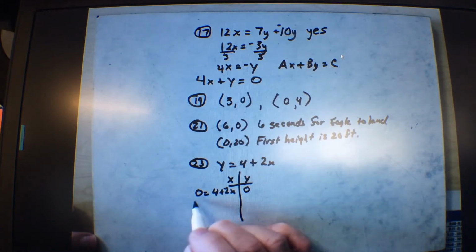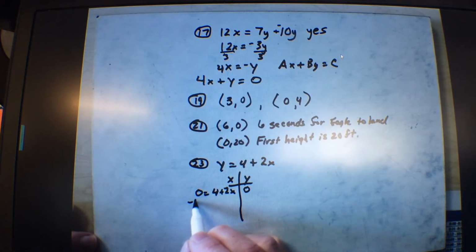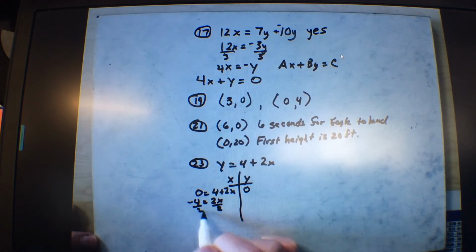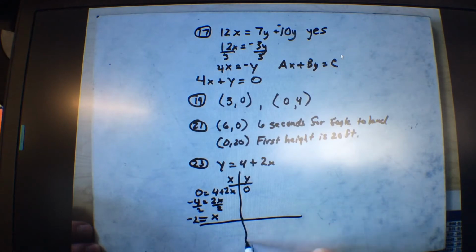And so I move the 4 over. Jackson, when I move the 4 over to the left side, it becomes what? Negative. You see how that works? And then I divide by 2. Why am I teaching you that, Jackson? So I know what I did. It's quicker, isn't it? Yep. So I get x equals negative 2. So my x-intercept is negative 2, 0.